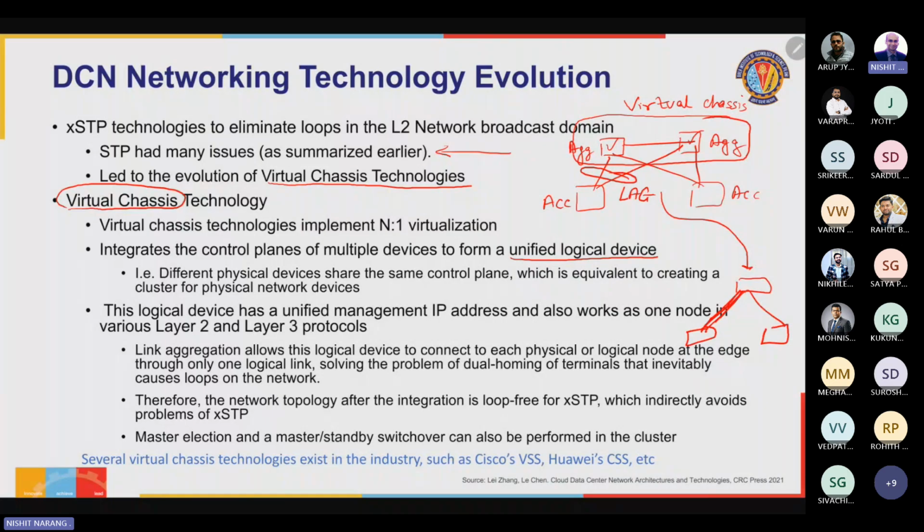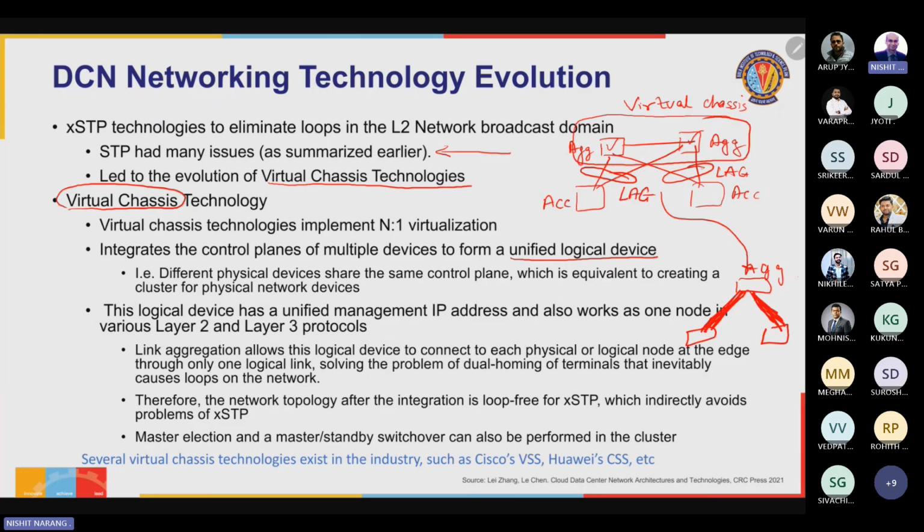Arup had given an example, like a Nexus switch with VPC, virtual chassis. These two links can also be seen as a higher capacity link using the LAG protocol, link aggregation protocol. So eventually I have double the bandwidth, but connected to a single aggregation switch, which is a virtual chassis. It helps me avoid loops.